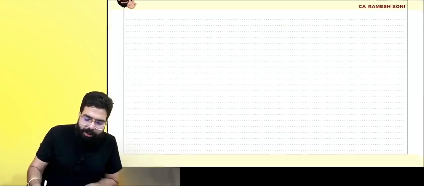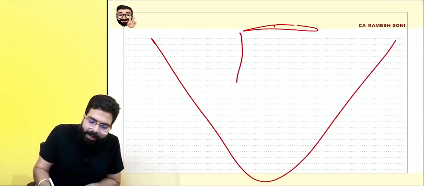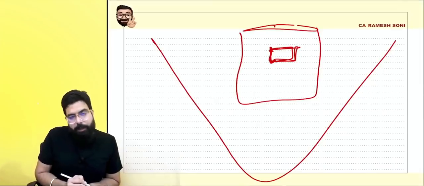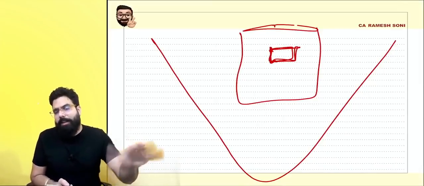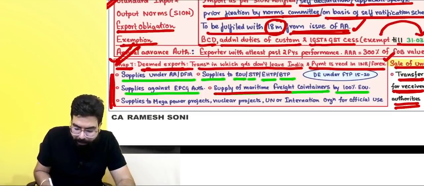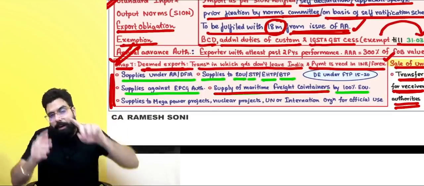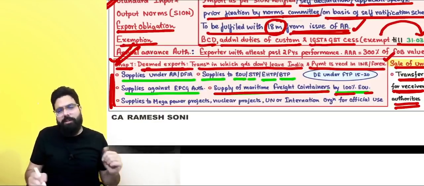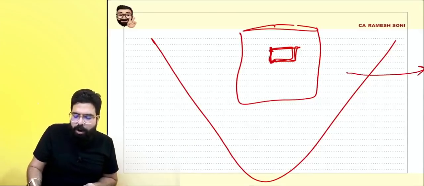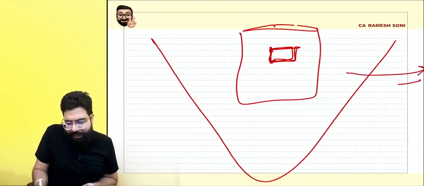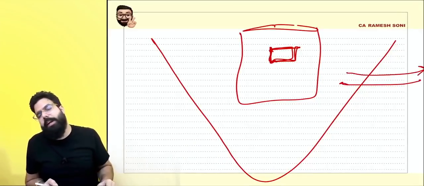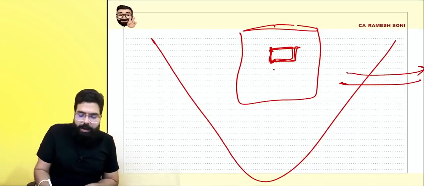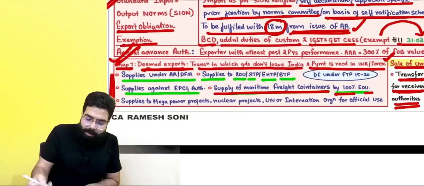An export oriented unit makes these shipping containers, and when it supplies them, that is also deemed as an export. The maritime freight containers, the big shipping containers supplied by an EOU, are deemed export because the containers will be used for taking goods from India outside India and the containers will come back.